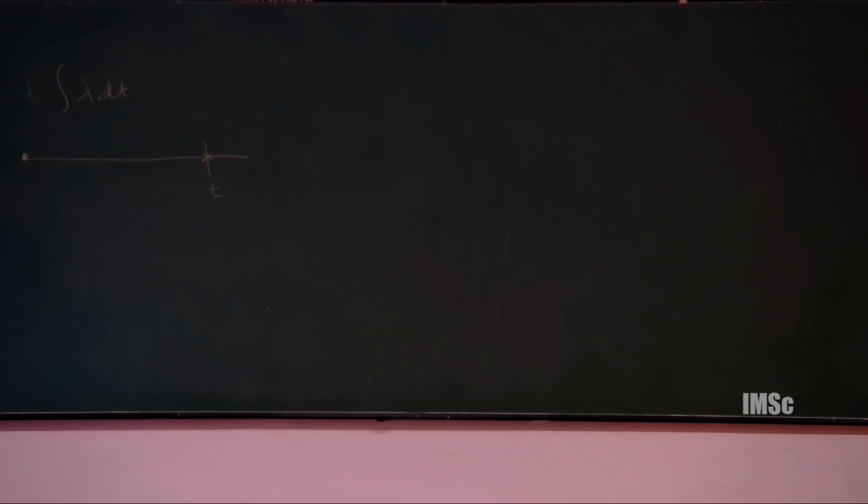Remember dt is some small thing we introduced by hand. It should not come in the answer, so we should take the limit dt going to 0. If I exponentiate this, it is like e to the power minus lambda dt times t by dt. The dt cancels out, and the answer is just that.